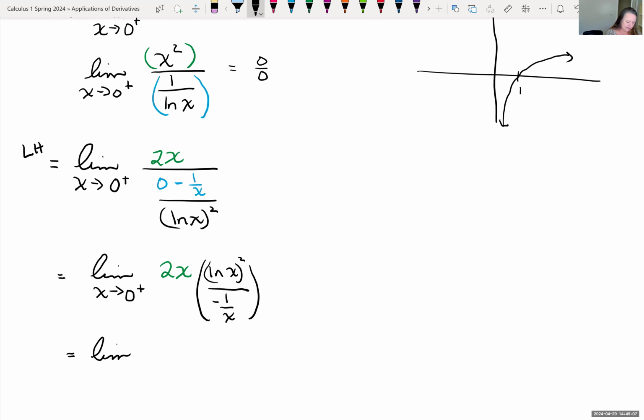So the limit as x is approaching 0, this is really 2x times the natural log of x quantity squared times the reciprocal of 1 over x, which is just x.